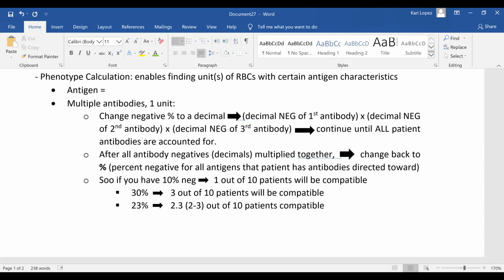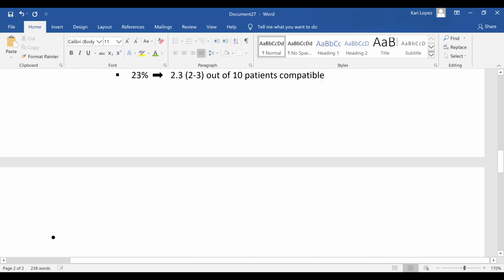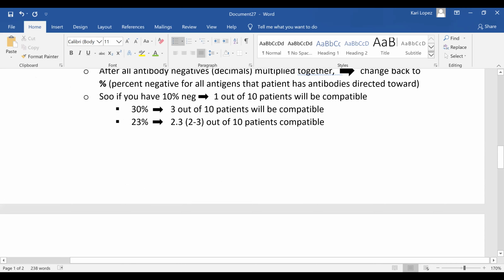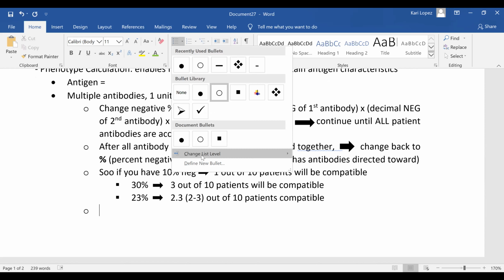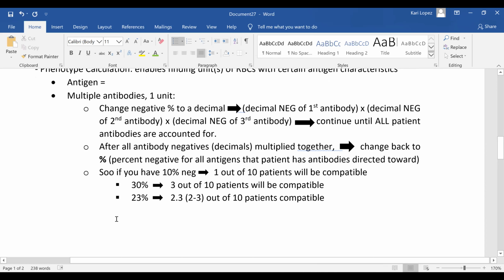And now that one was for multiple antibodies for 1 unit. Oh, they went down.